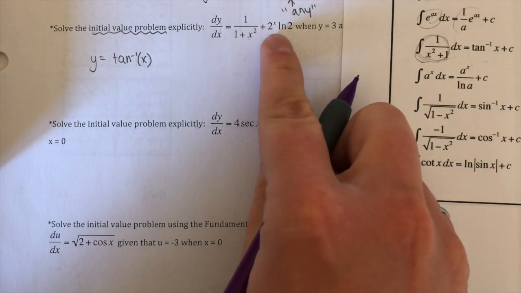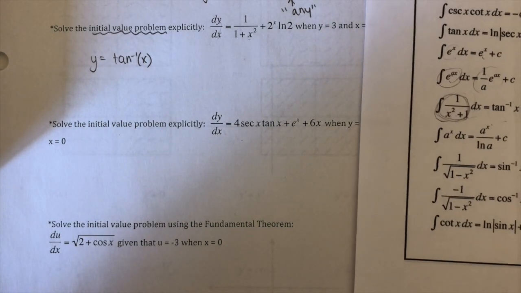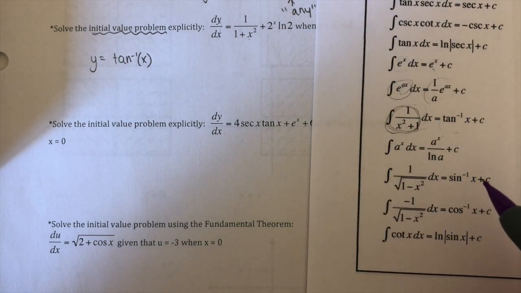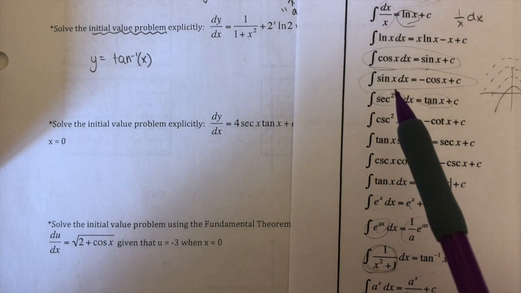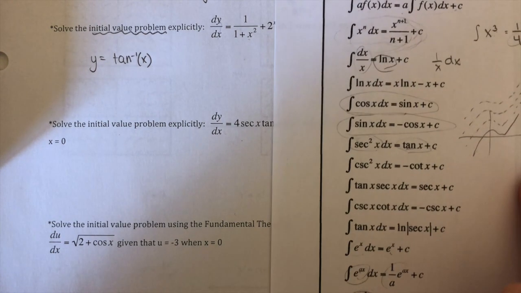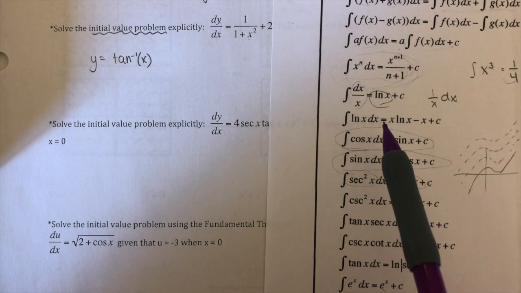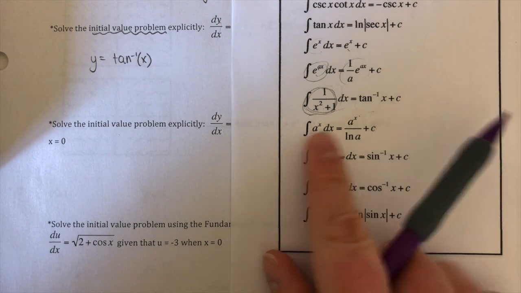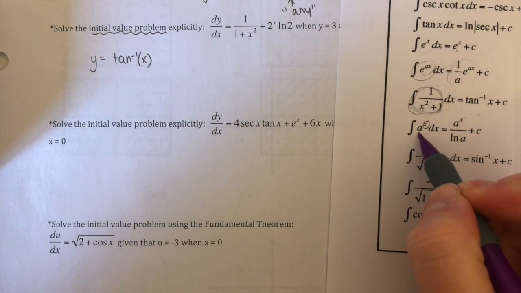Then we've got a 2 to the x ln 2. So for this one, where is this one? Where's something to the x? Okay, here it is. So we've got 2 to the x. The x is in the variable, so a in this case is 2.